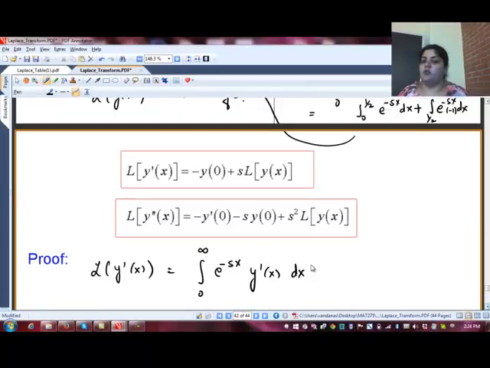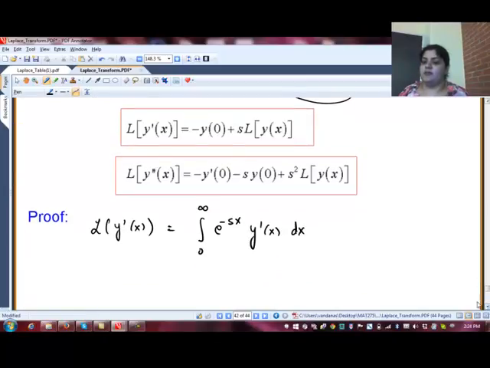So now we can do integration by parts here. Which will be my first function? What's the first function? u dv, v du, whatever you do. The y prime might be the second one, because you integrate it to get back y. Yes, exactly.